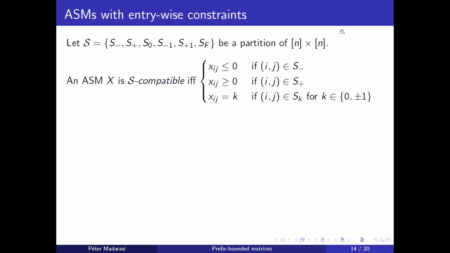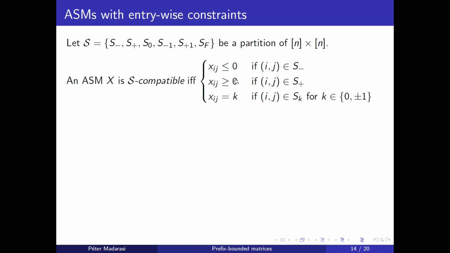We say that an ASM X is S compatible if the following 6 conditions hold. For every position ij that's within the part S minus, the entry at that position must be non-positive. For any position that's within the part S plus, that entry must be positive.